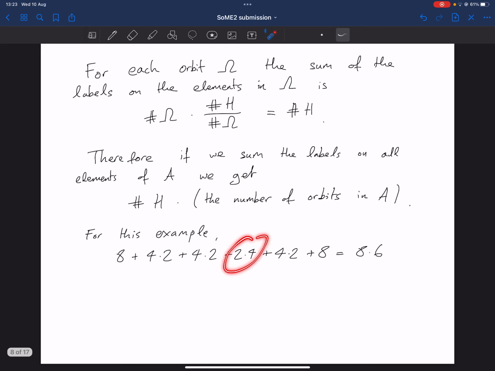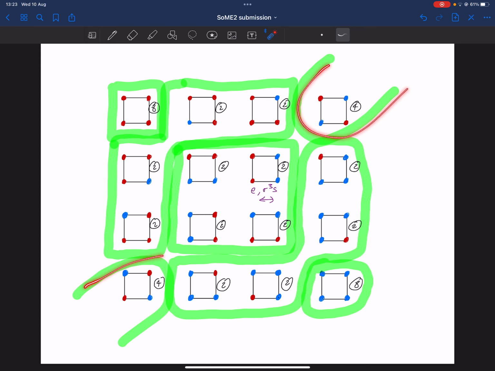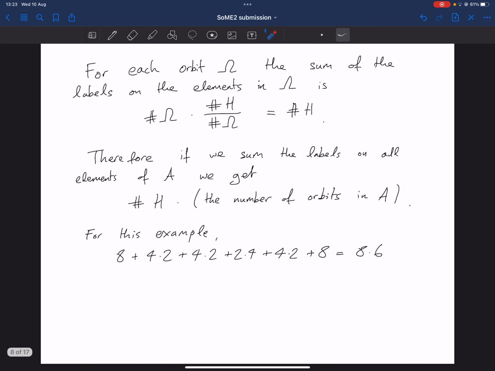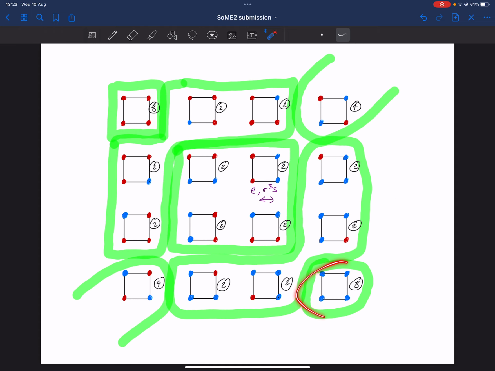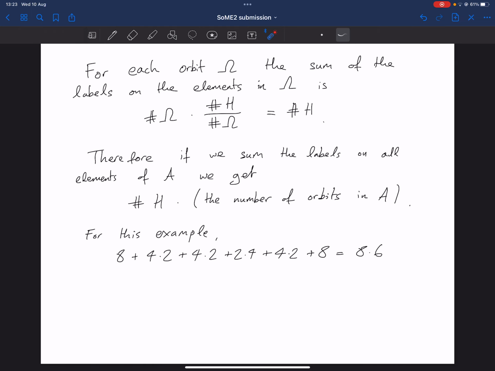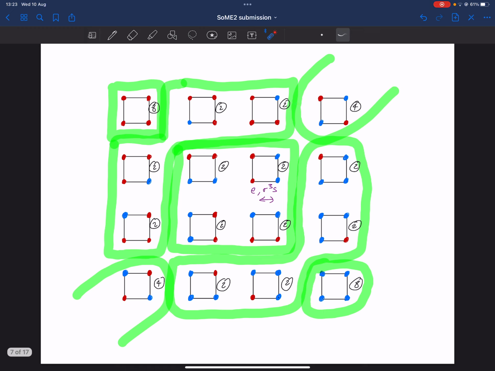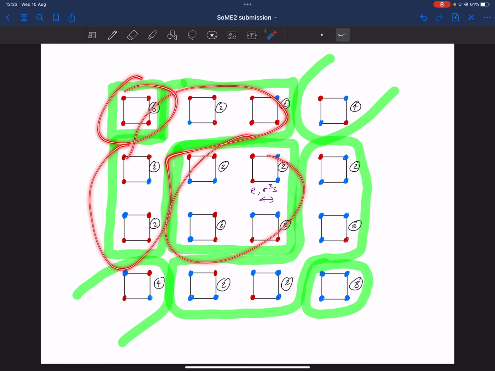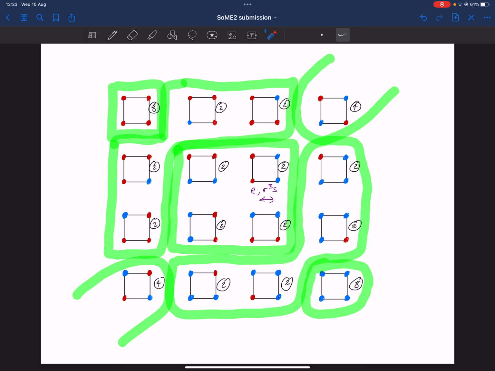And then we have 2 times 4, that's this orbit here, and then finally 8 is this one again, is 8 times 6, which is exactly the size of H times the number of orbits. Excuse me, I said there were 5 orbits, of course there are 6. So we have 1, 2, 3, 4, 5, and 6.